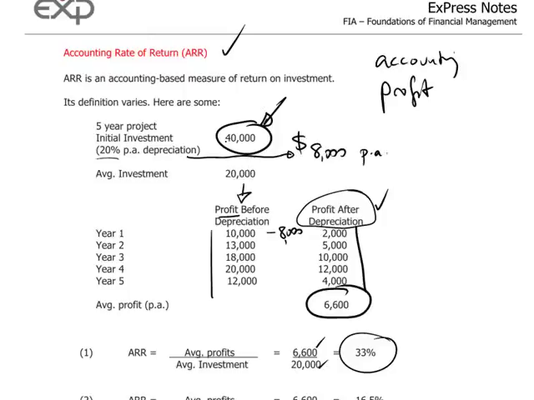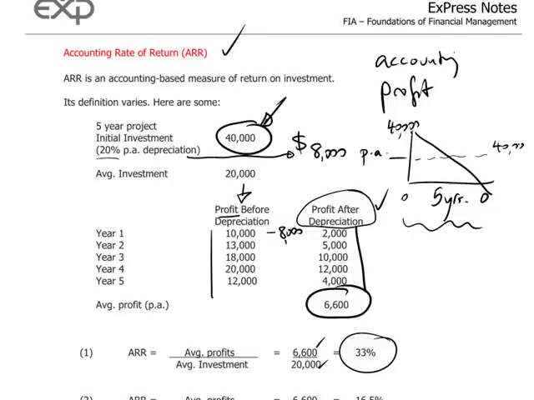Well, it's because we are depreciating the 40,000 investment. At year 0, we have 40,000 invested, but at the end of 5 years, we are effectively writing down that investment to 0, and therefore, over the period of the project, our average investment is going to be 40,000 divided by 2.